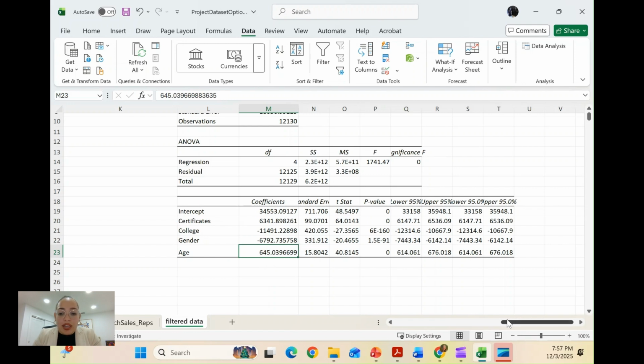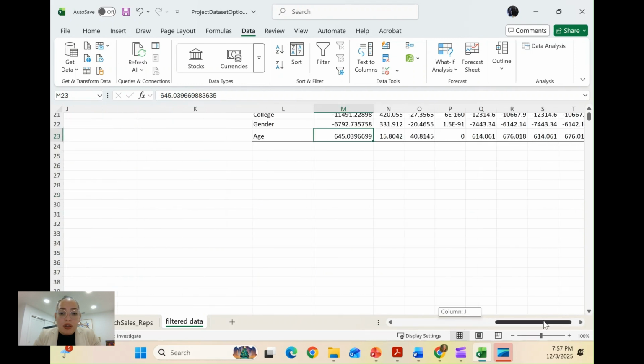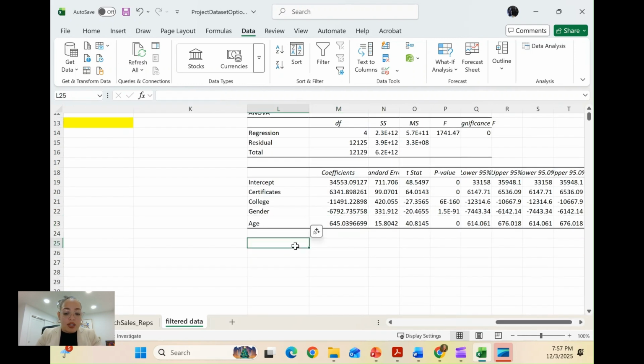So I have some questions here that now we are going to develop. The first one is to enter the regression equation. So what will be our regression equation? We start by what we want to predict, and in this case it will be the salary.